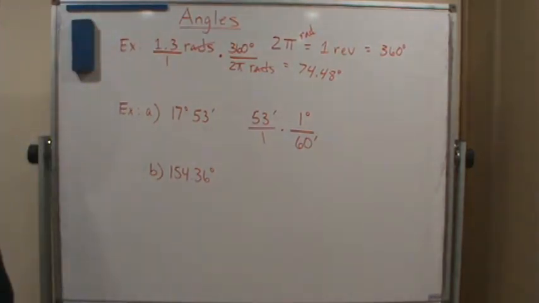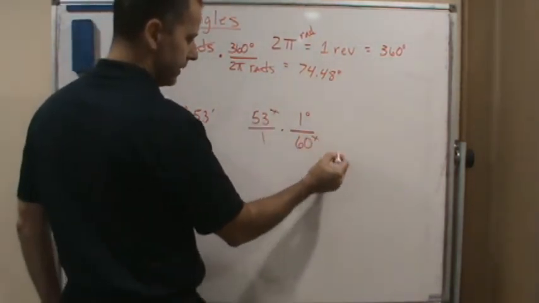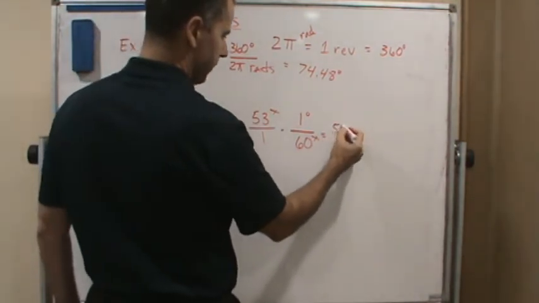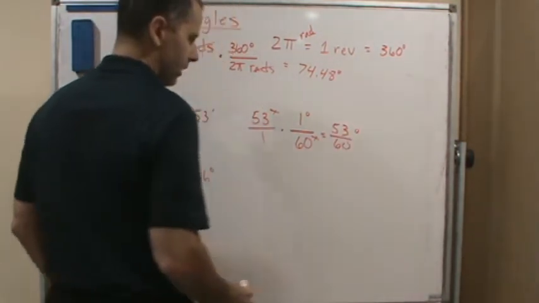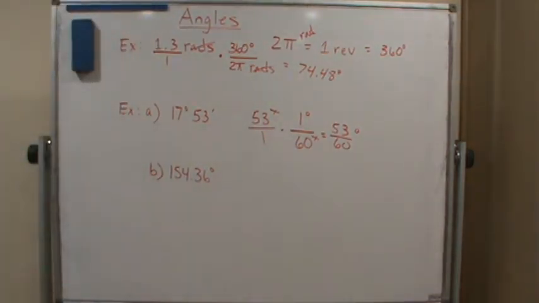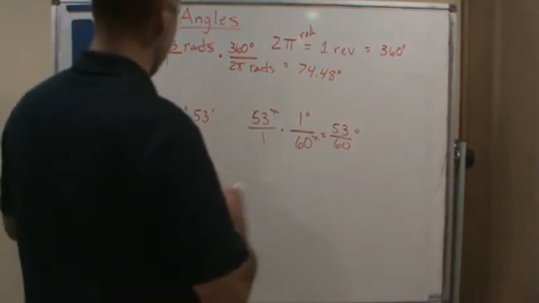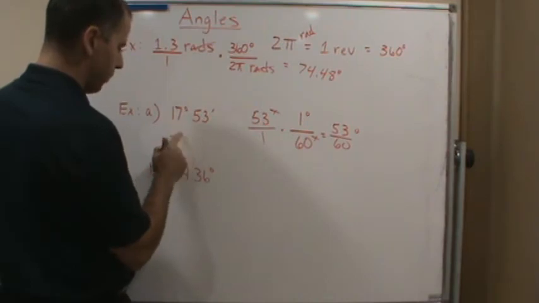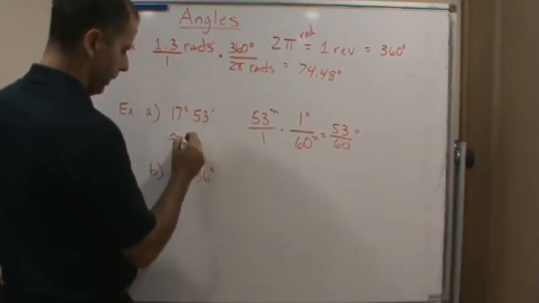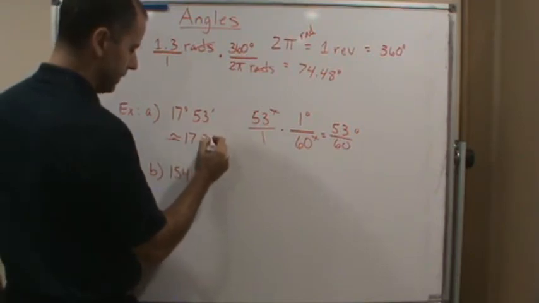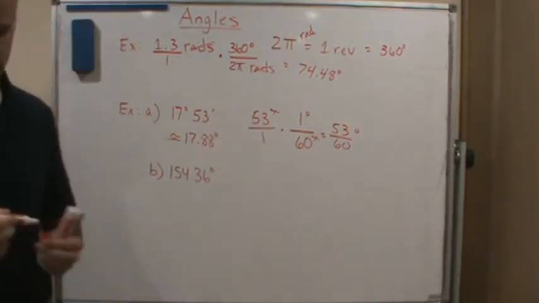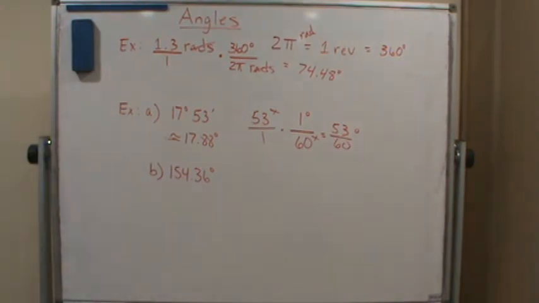So there's my unit ratio. And of course the minutes cancel, and I get 53/60ths of a degree. If I just put this in my calculator and divide, I get 0.883. And so this would be approximately 17.88 degrees if I round it to the nearest hundredth. And that's what they wanted us to do.